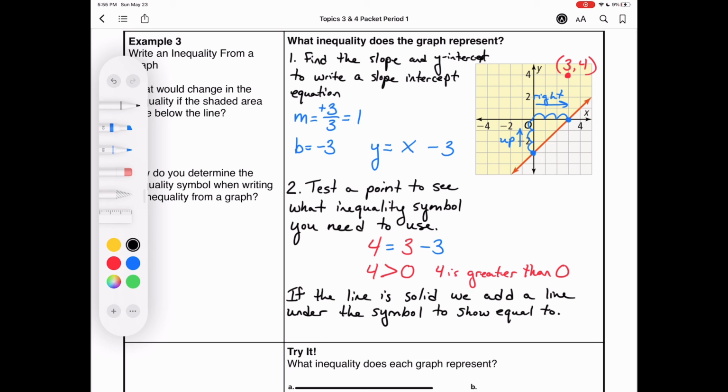In this case, the line is solid, so we are going to use that equal to symbol.